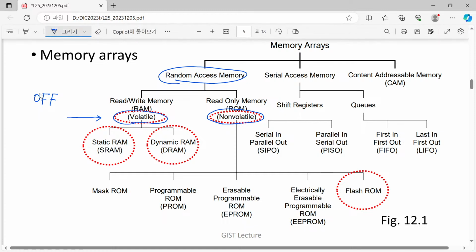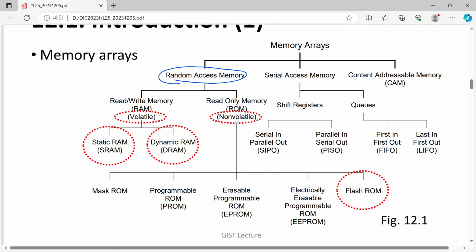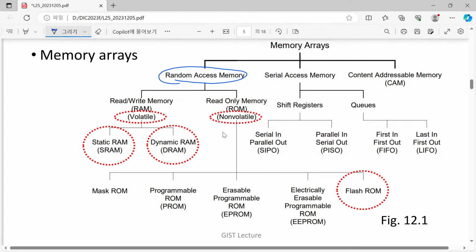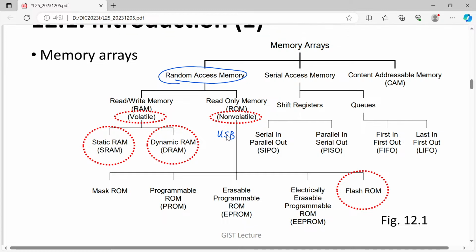That is quite easy to understand. For example, if you have a USB stick, then you have a certain memory file inside your USB stick. Even though you do not provide any power to your USB stick, later you can read it. So it is quite obvious that this is a memory.